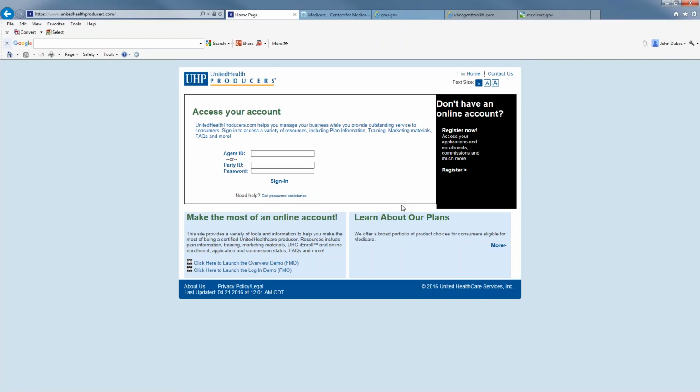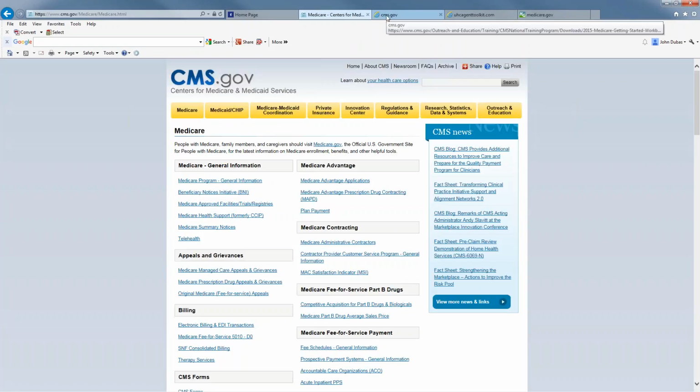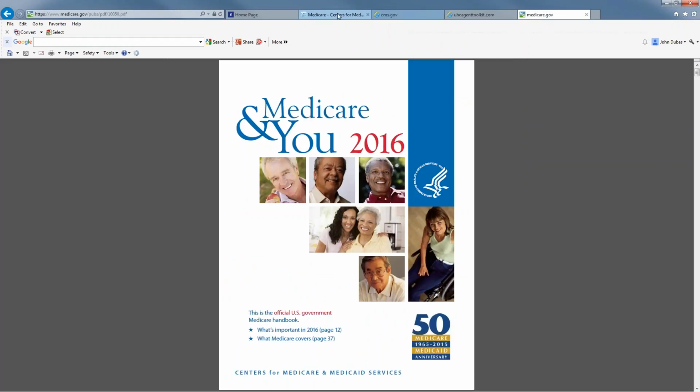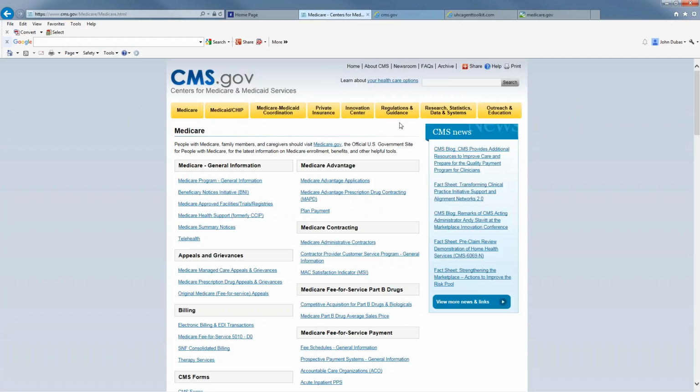Some are perhaps a little more cost efficient in supplying those materials to you. So you have information available from the carriers. You have information available from Medicare.gov and from CMS.gov. Social Security website can be of help to you as well.